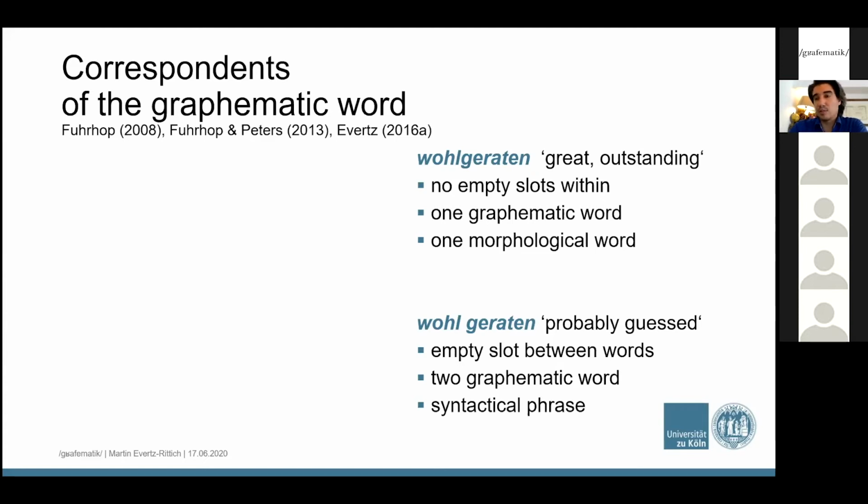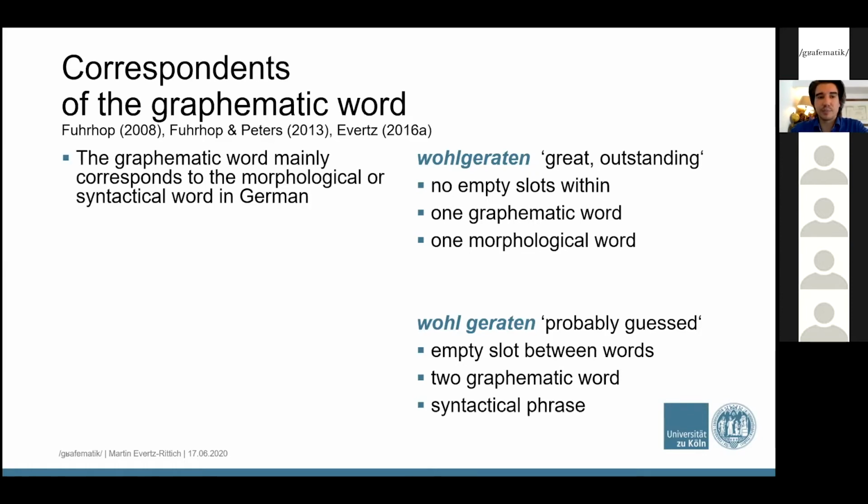It is thus one graphematic word, and it should be interpreted as one morphological word. And in the example down below, you see there is an empty slot between entities. So we have 2 graphematic words, and we have to analyze that as a syntactical phrase.